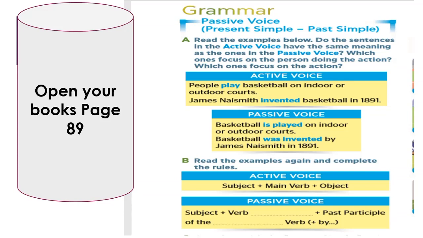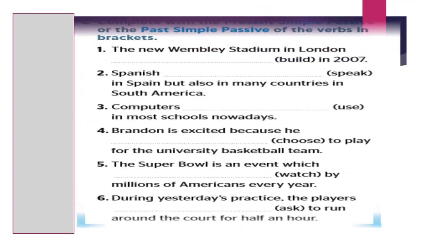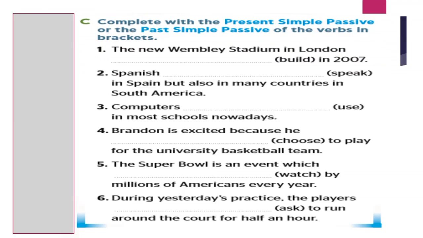The passive voice استخدمنا هنا the object subject plus the verb plus verb to be plus the past participle of the verb, then we use by. Okay? With the present simple passive or the past simple passive of the verb in brackets.